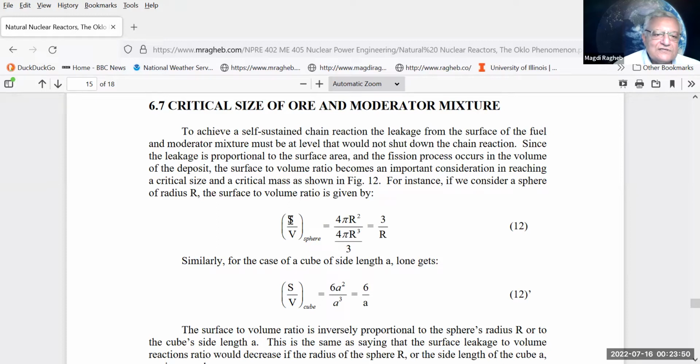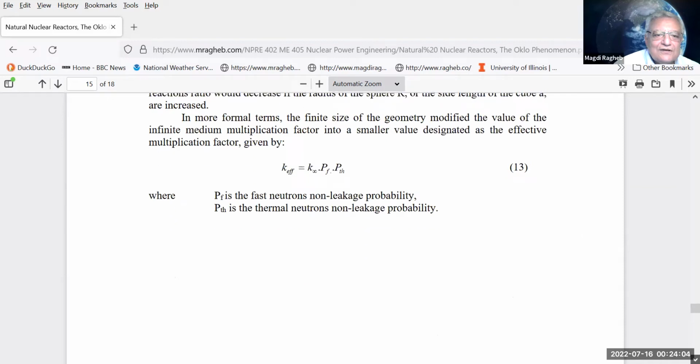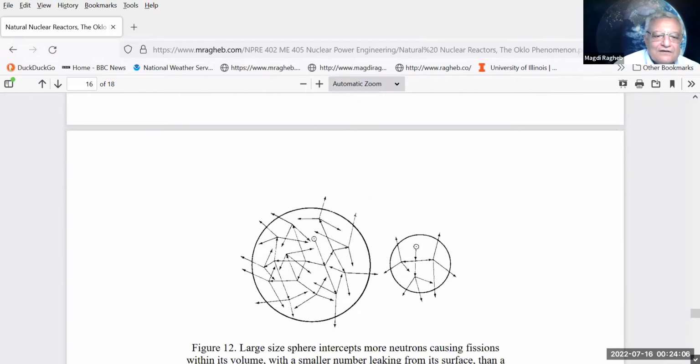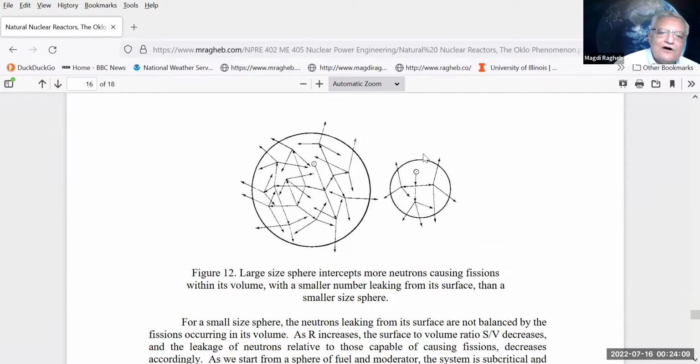Now the surface is where the leakage of neutrons occurs from the surface of a reactor, and the volume is where the nuclear reactions occur. And for this region, you find that as you increase the volume of your reactor, or the radius, in that case, the size, the surface to volume ratio decreases.